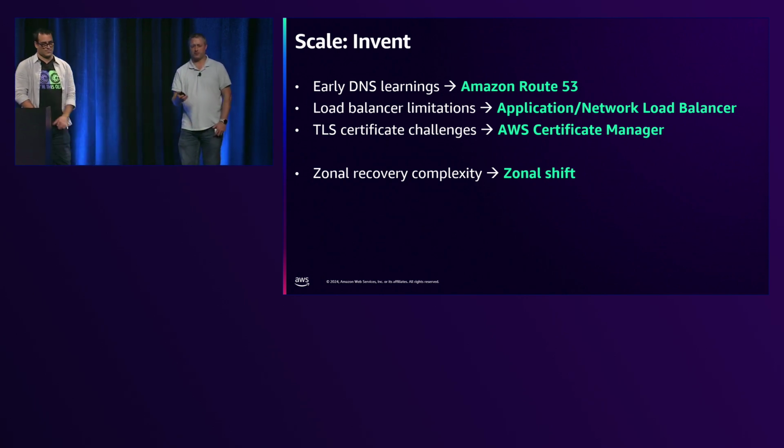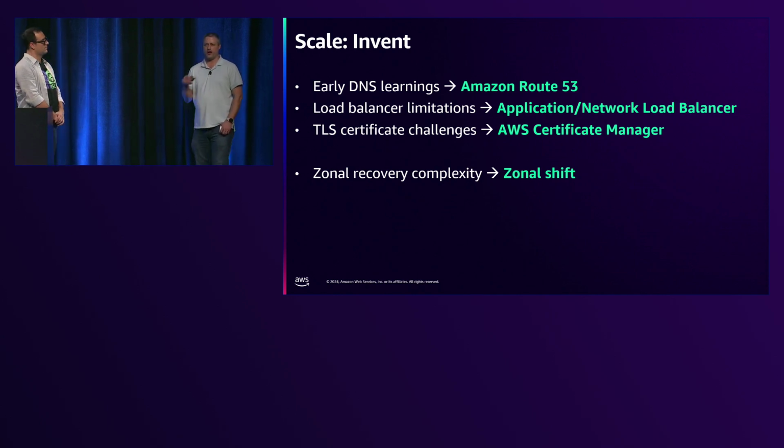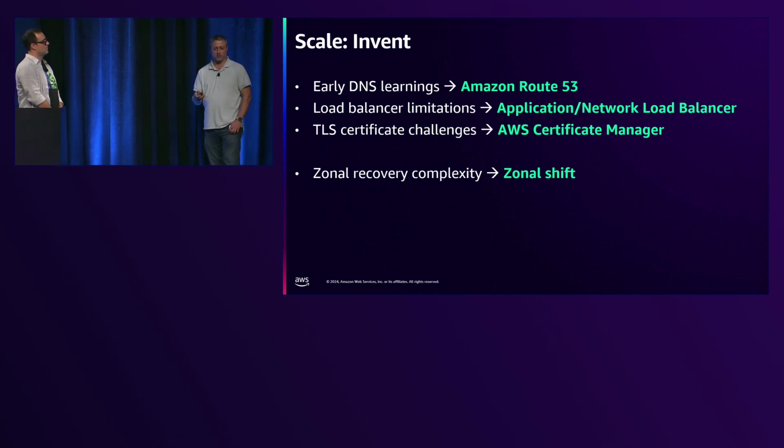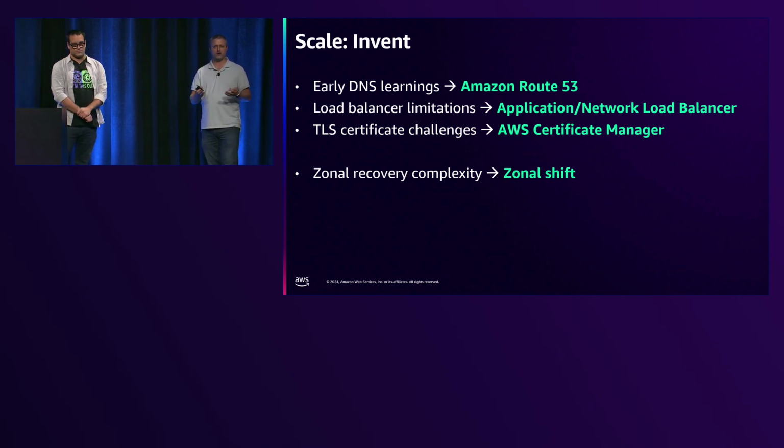One of the other ones close to my space is a tool called Zonal Shift. When I joined AWS in 2011, we had internal tools for shifting away from an AZ. Through a set of COEs and a set of events that we analyzed, we started to realize that there were a couple of gaps in it, a couple of problems that weren't ideal and that we wanted to fix.